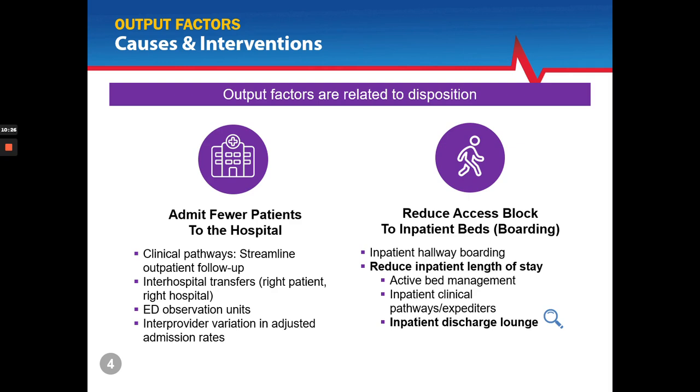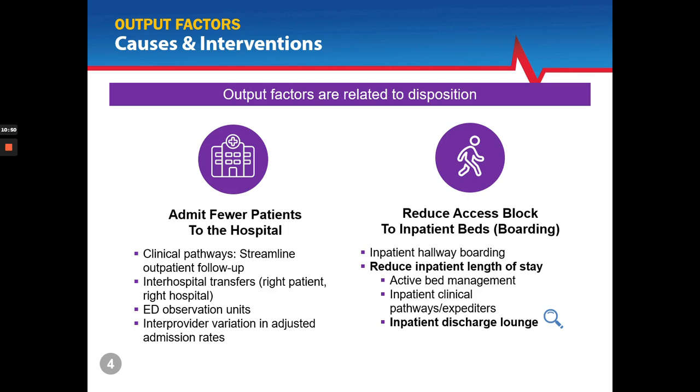So if your ED is facing crowding because you're having trouble getting patients out of the ED, two categories of interventions are admitting fewer patients to the hospital and, when they do need to be admitted, getting them upstairs more quickly. In terms of admitting fewer patients, you can make sure it's easy to arrange outpatient follow-up so that people who can go home do get to go home and they don't get admitted just because it's too hard to get follow-up.